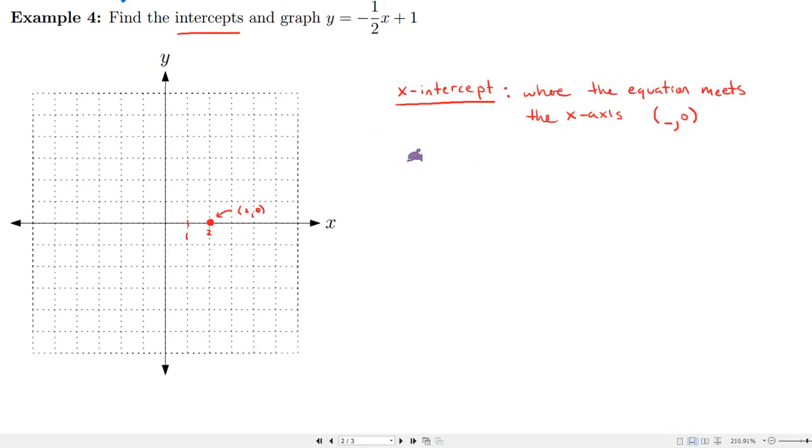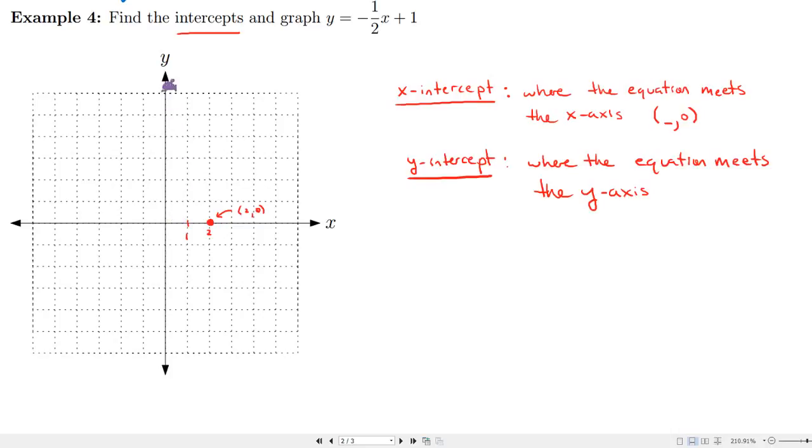Okay, and same thing with a y-intercept, except it's where the equation meets the y-axis.